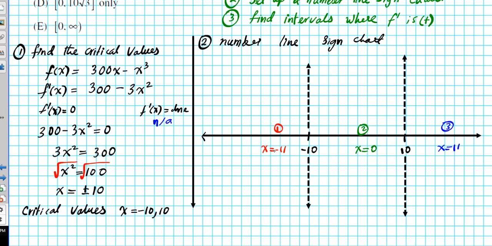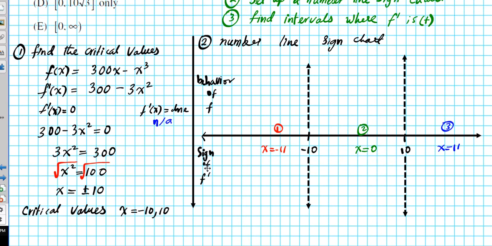Now what we want to do is use the sign of f prime to determine the behavior of the function f.